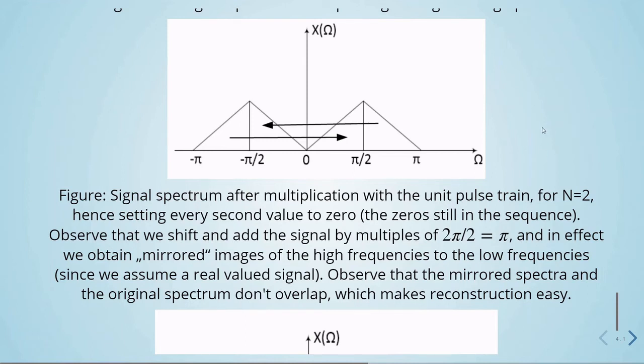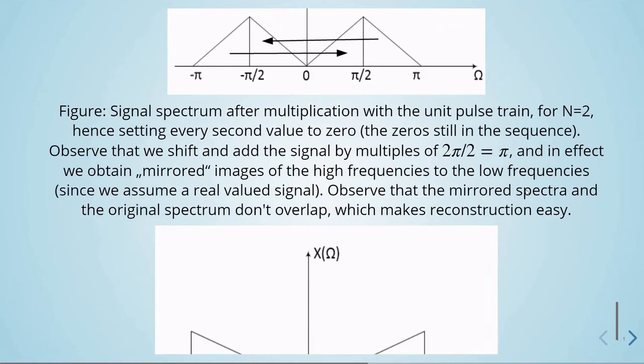So we are assuming we have a real-valued signal. Observe that the mirrored spectra and the original spectrum don't overlap, and it makes the reconstruction easy.